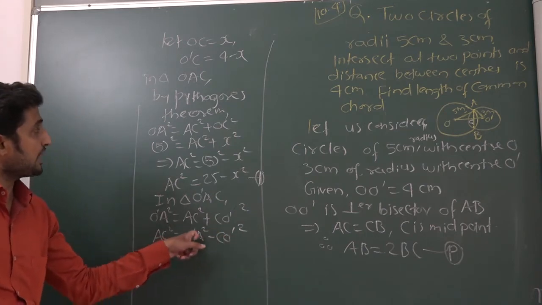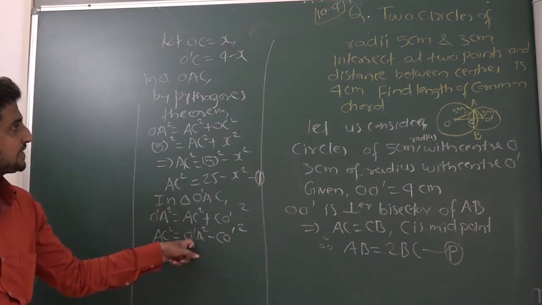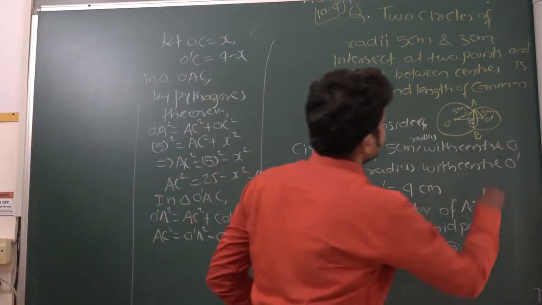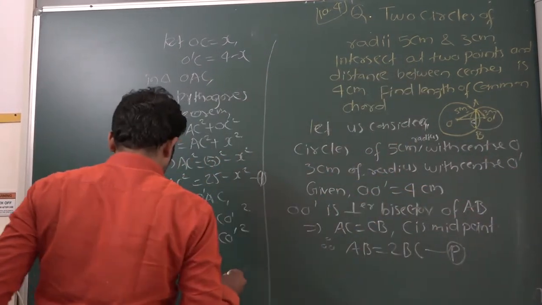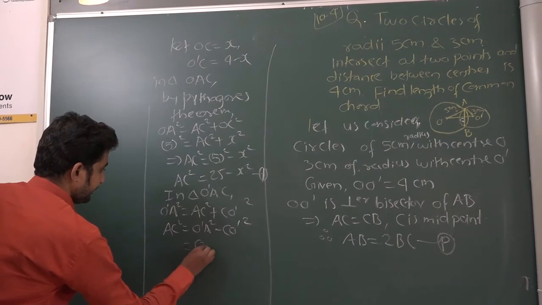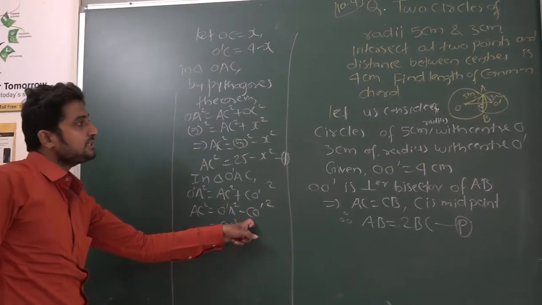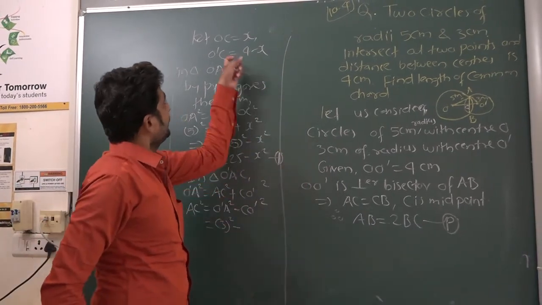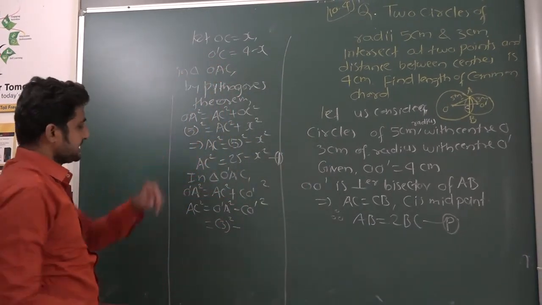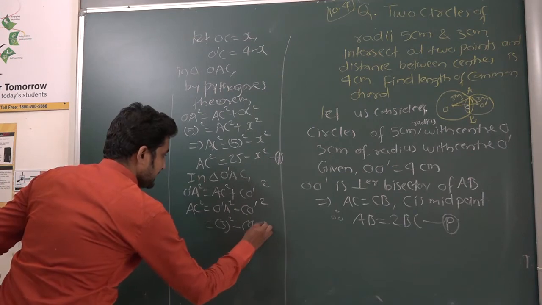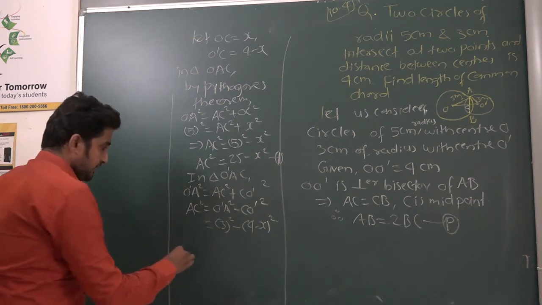But dear students, O'A is 3 centimeter, so 3 square minus what is CO'? CO' or O'C is 4 minus x whole square. Right?